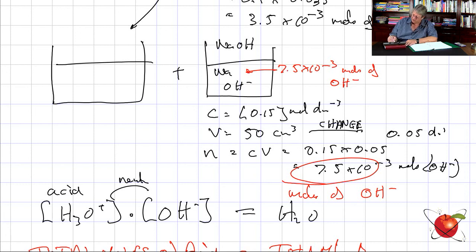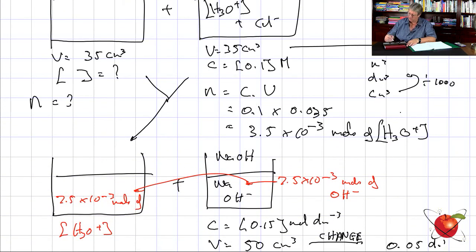Therefore, I need 7.5 × 10^-3 moles of H3O+ to cancel that. I'm sorry I've gone over time. Bear with me. I need it in 1-to-1, don't I? Therefore, I need the same number of moles of H3O+ to cancel out the OH- to form water, because it's 1-to-1. Therefore, let's go back up.